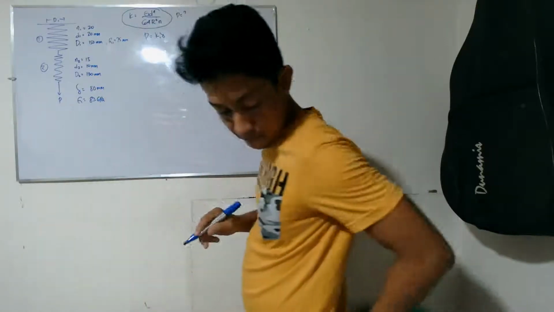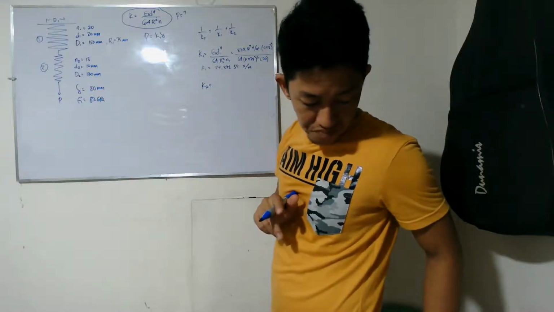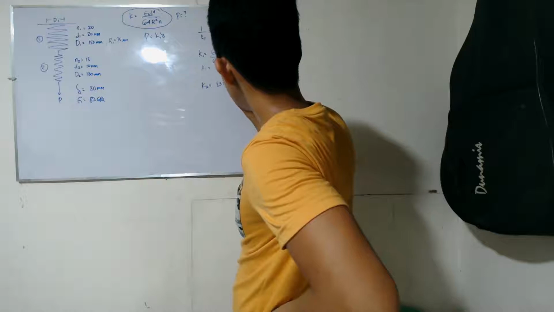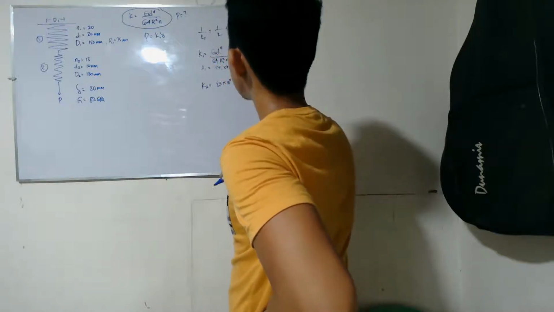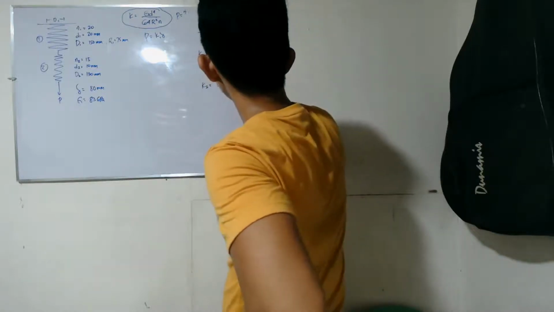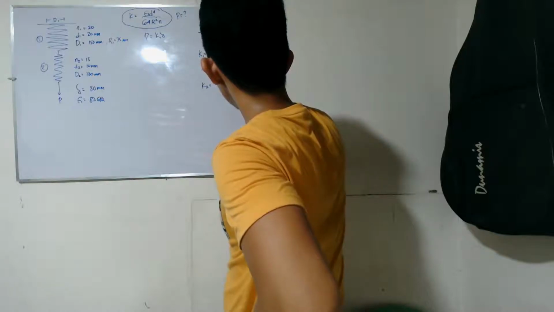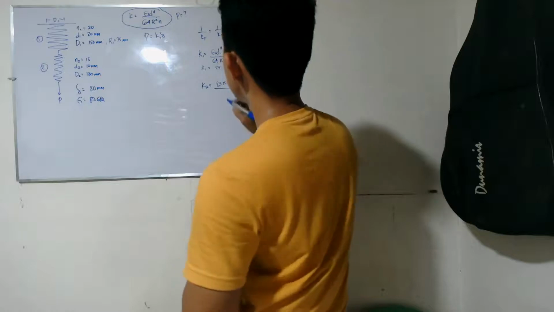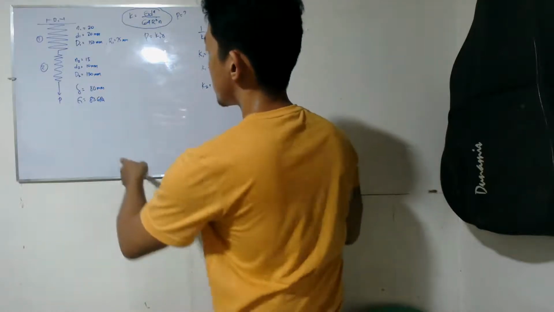Let's solve K2. Again, 83 times 10 to the 9, d2 is 0.01 to the fourth over 64.